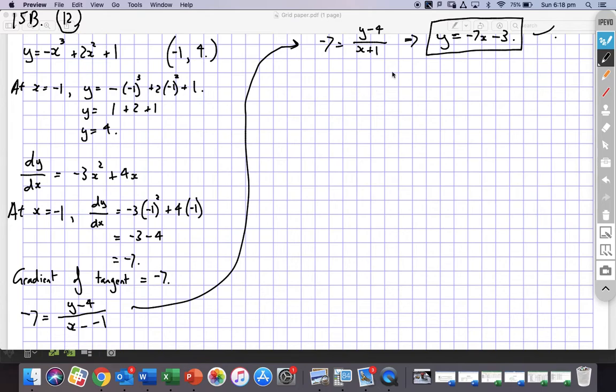So what it allows you to do is realize that the x values have to be the same at these points, and you can say the tangent meets the curve where the x values are equal: minus 7x minus 3 equals the curve equation, minus x cubed plus 2x squared plus 1.